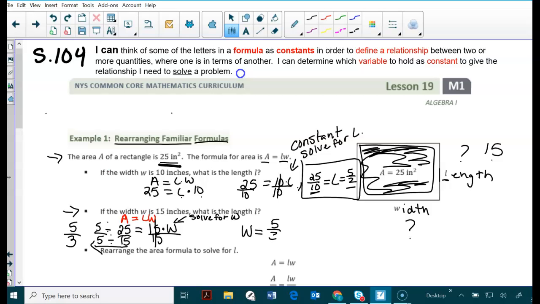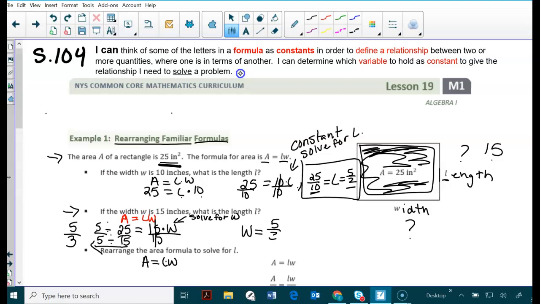Right? Now, rearrange the area formula to solve for L. So this time, they're just telling us to go back to our original area formula. So if we have area equals length times width, how can we get that L by itself?